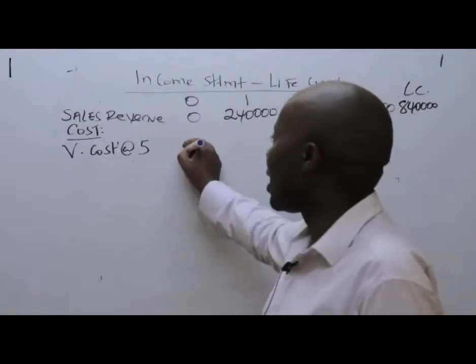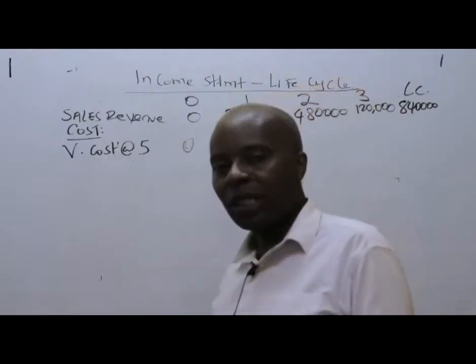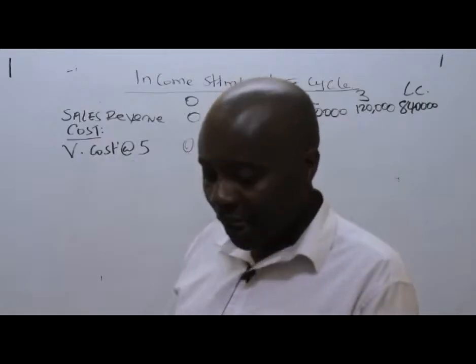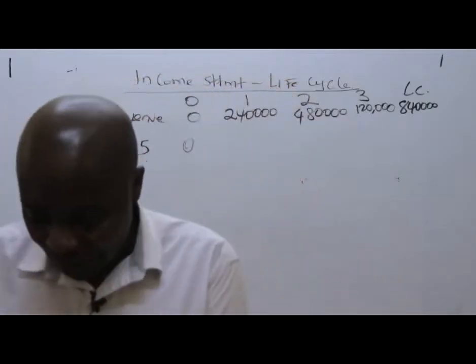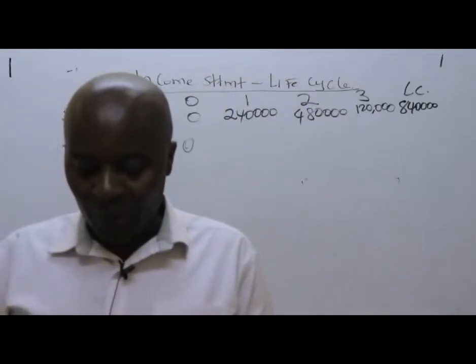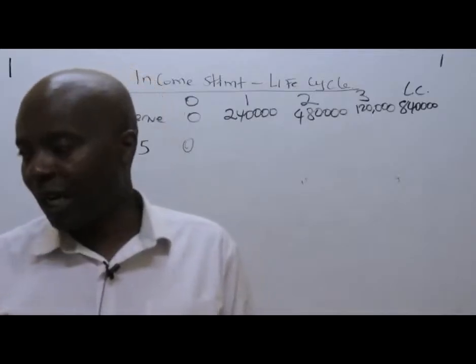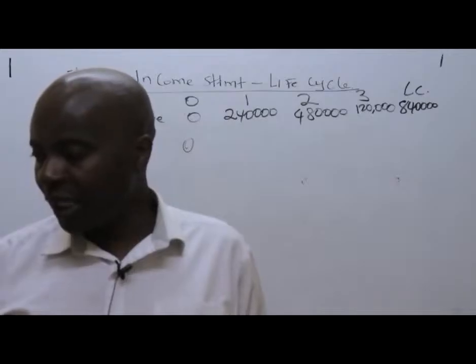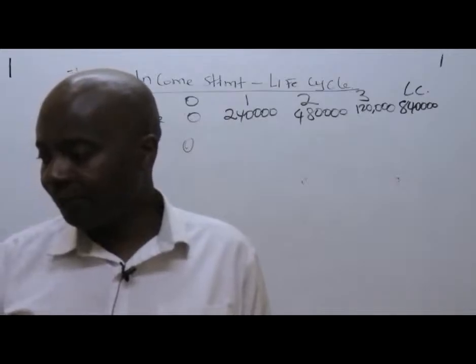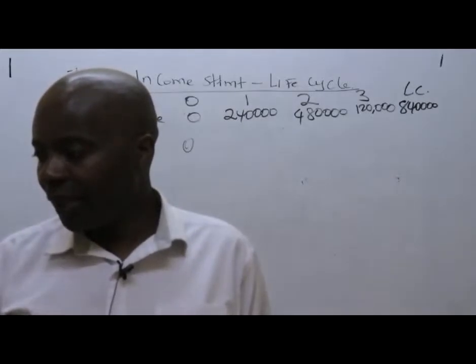Times 0, of course, units are 0. Year 1, units are 80,000. So 80,000 units times 5. That will give us what figure? Please give me an answer.